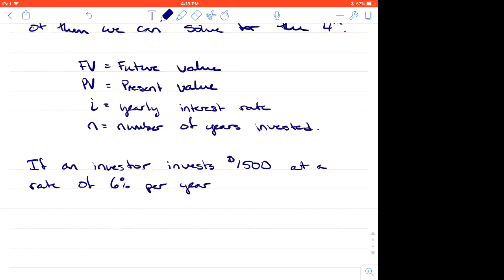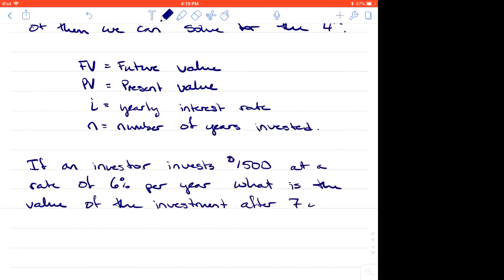You'll see why in a sec. At a rate of 6% per year, what is the value of the investment after 7 years? I wanted to change, so the textbook example has 6 years, but I didn't want it to get too confusing with the 6% and the 6 years, so I changed it to 7 years. Doesn't matter.